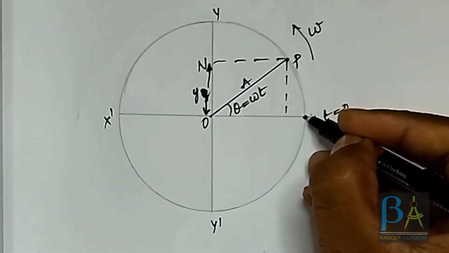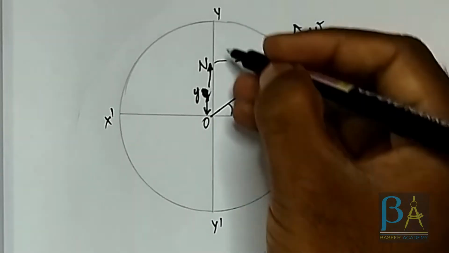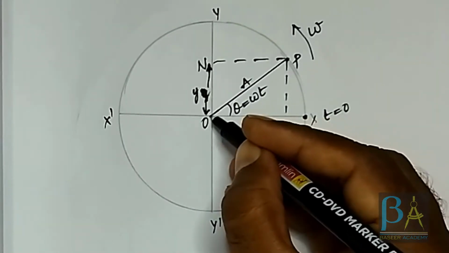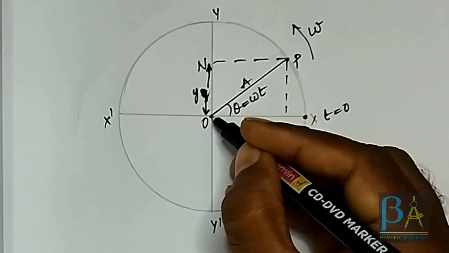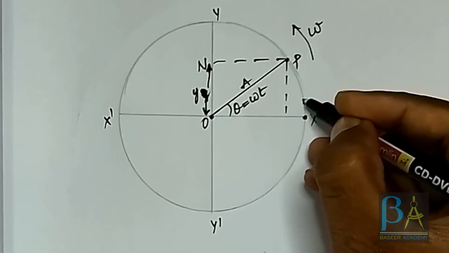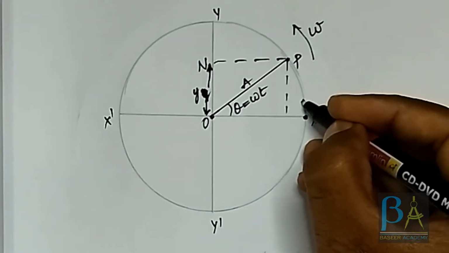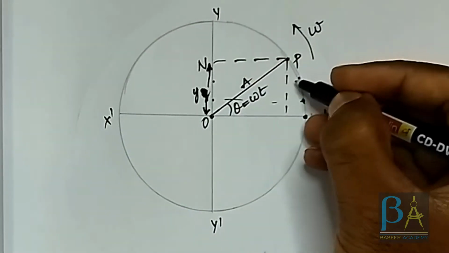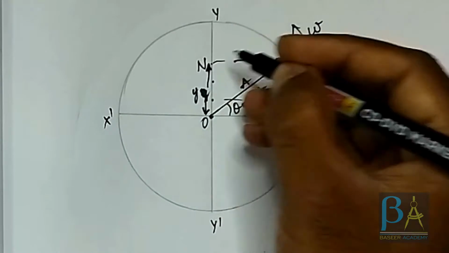Then the projection of this particle with respect to the diameter y dash is going to be this point which we denoted by O. If the particle comes here, then the projection is going to be at this point. If it comes here, the projection is going to be at this point. If it comes here, obviously the projection is going to be this point.